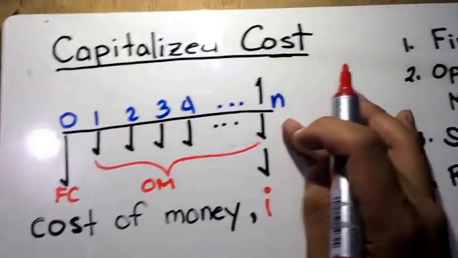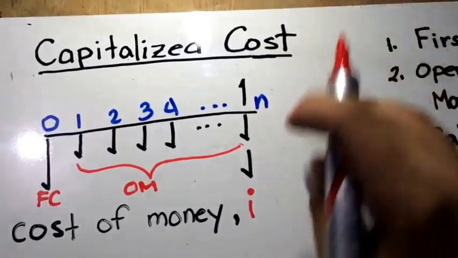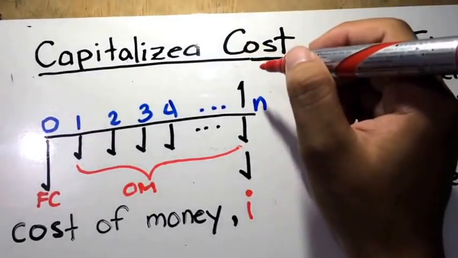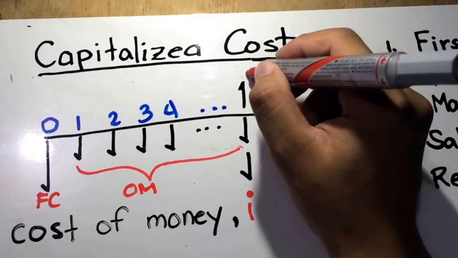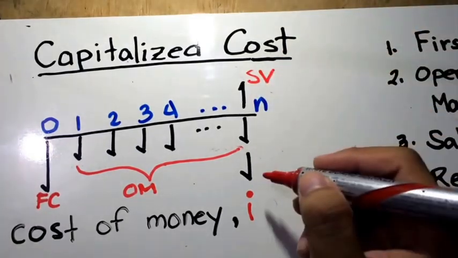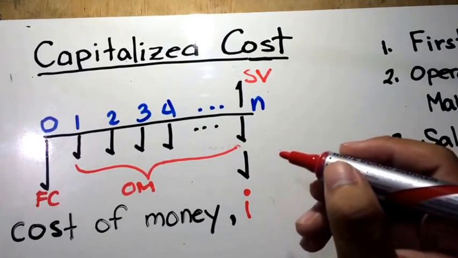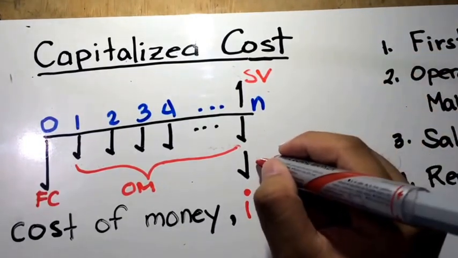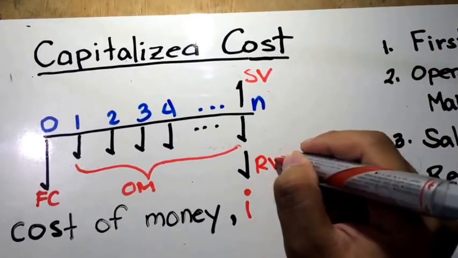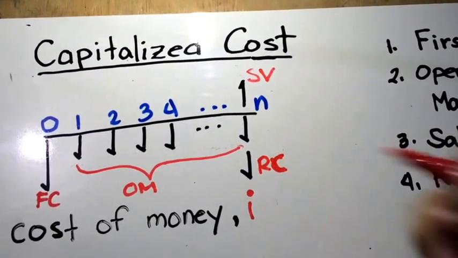At the end of the lifespan of that item, of that product, we can sell it for a salvage value. And of course, if we want to continue using it, we need to replace it. So we have here our replacement cost.